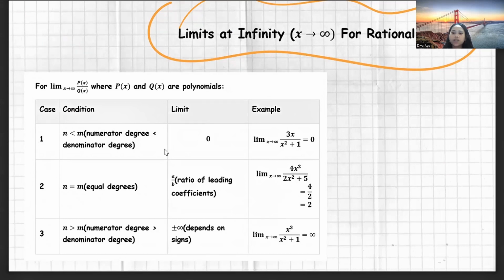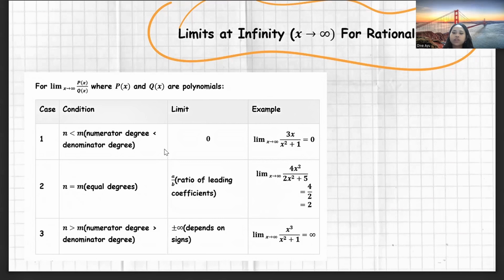When evaluating limits at infinity for a rational function, we compare the highest degree of the numerator and the denominator. There are three possible cases. The first case is when the degree of the numerator is less than the degree of the denominator. In this situation, the denominator grows much faster than the numerator.